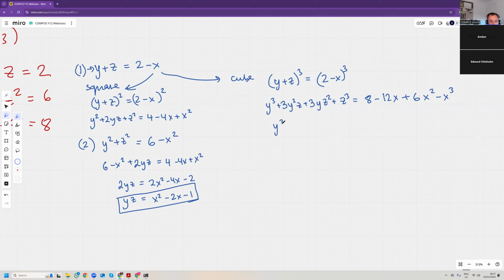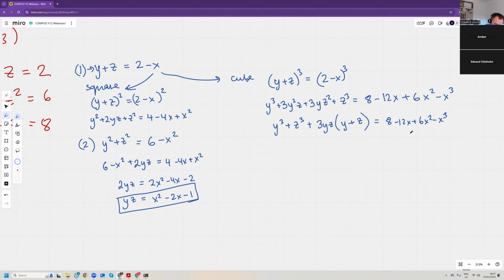Now y cubed plus z cubed minus 3yz(y plus z) equals 8 minus 12x plus 6x squared minus x cubed.